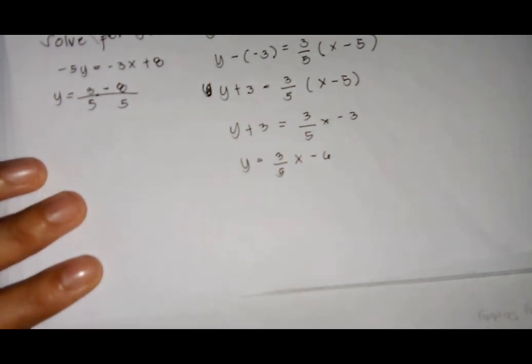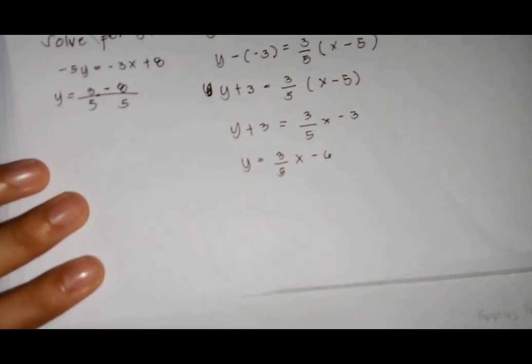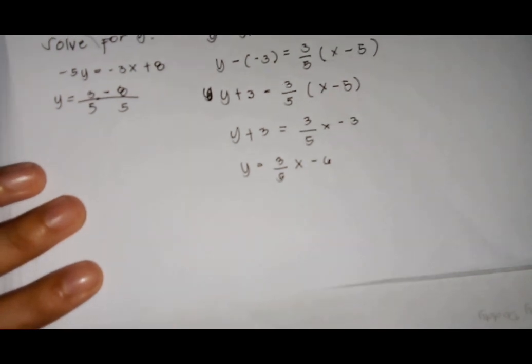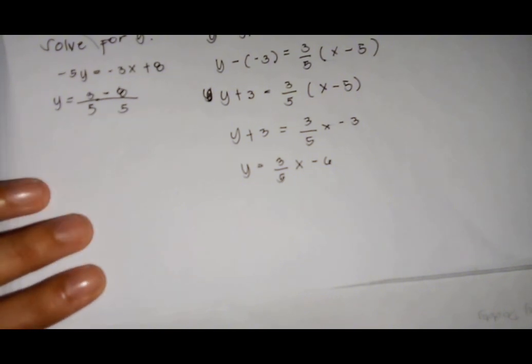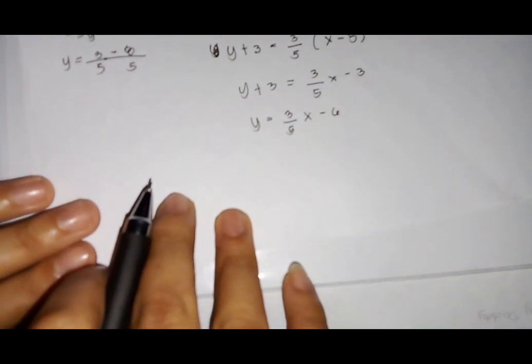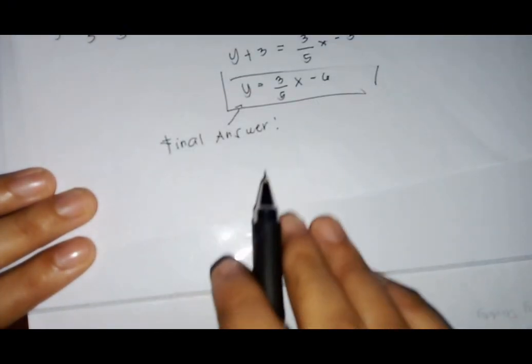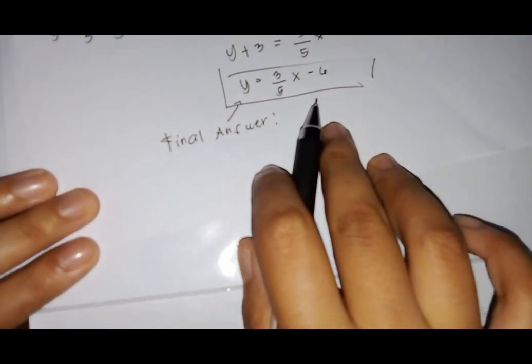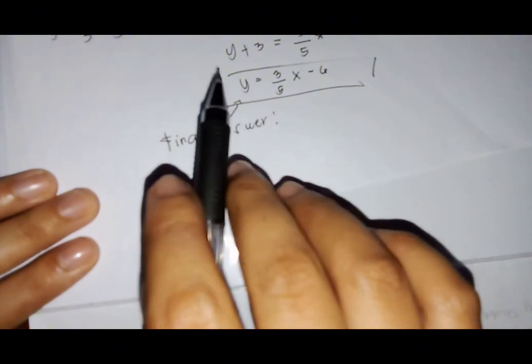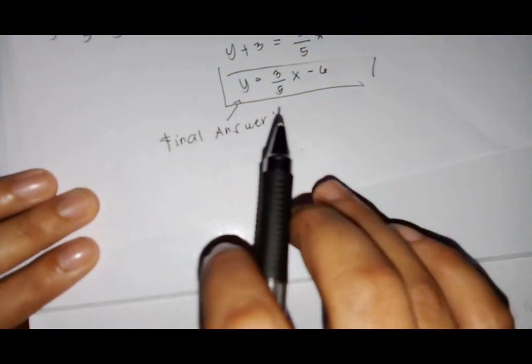So, the final answer of the equation of the line passing through 5 and negative 3 and parallel to 3x minus 5y is equal to 8 is y equals 3 over 5x minus 6.